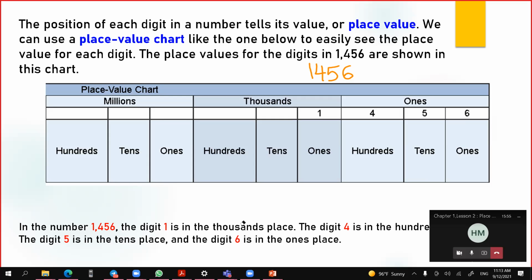Is it right? Okay, now look at the digit 6. Does 6 have the same value as 5? As the same value as 4? Does it have the same value? No. Why no?